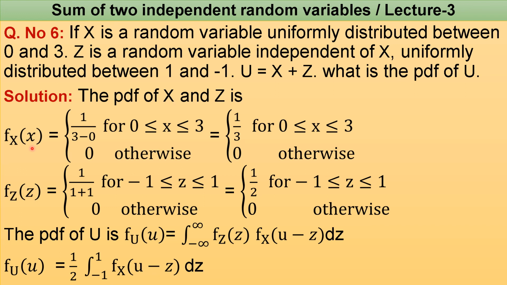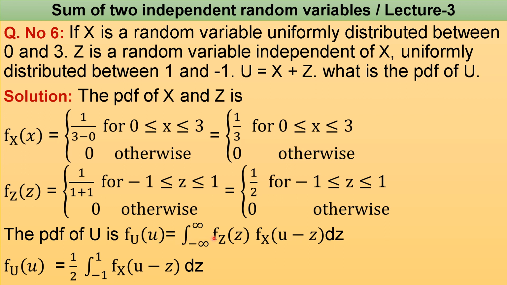Or you can take it as fx of x into fz of u minus x dx. So there are two formulae for probability density function of the sum. You can take any one.